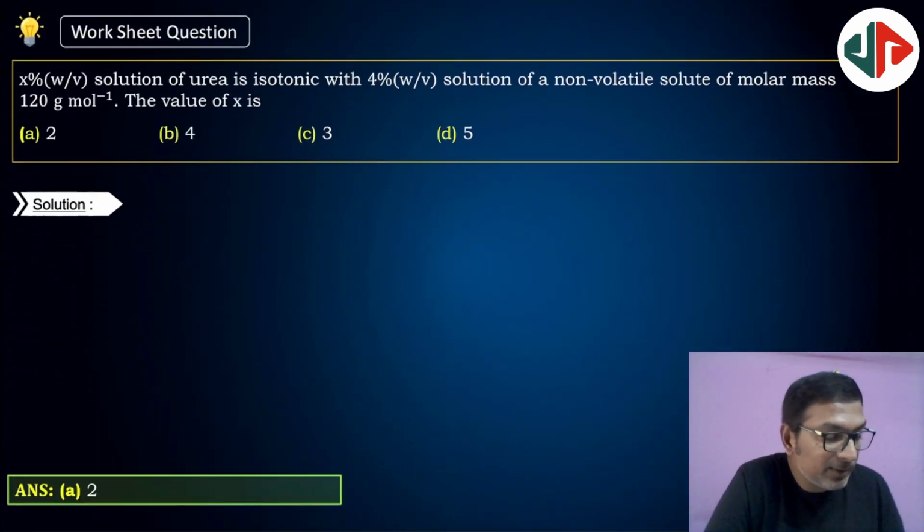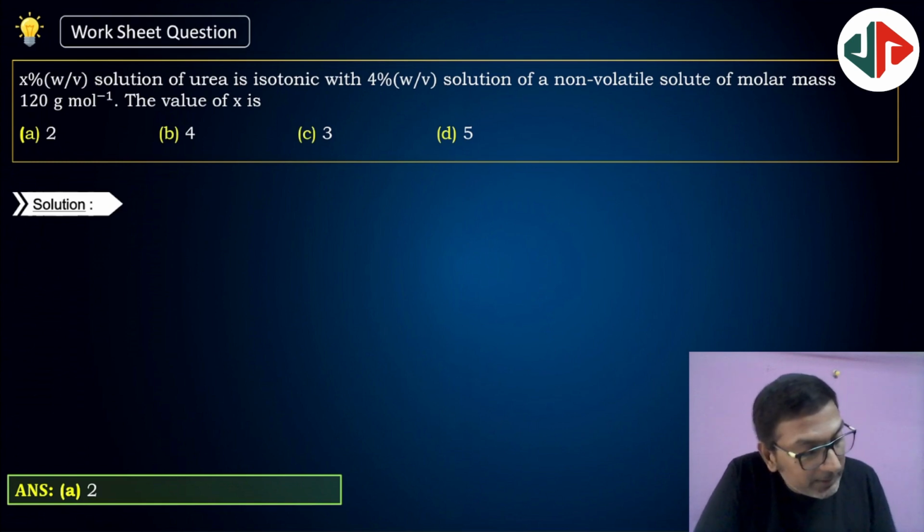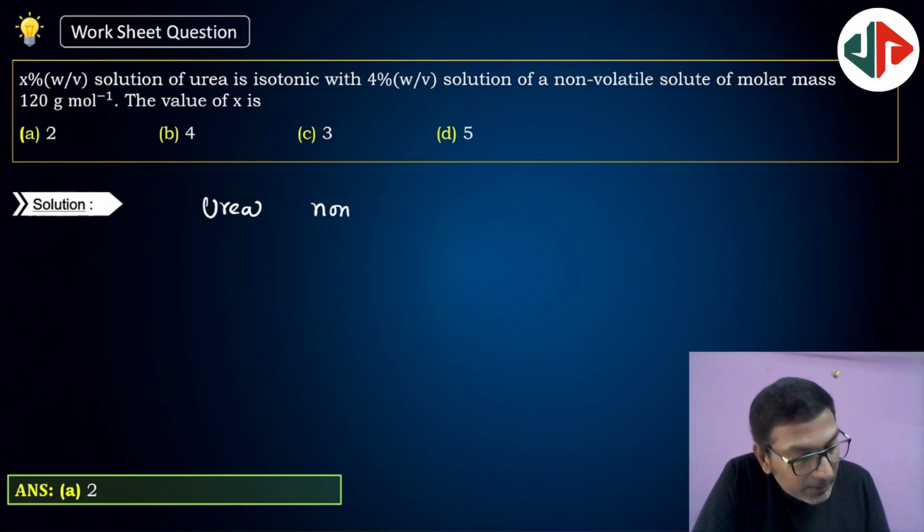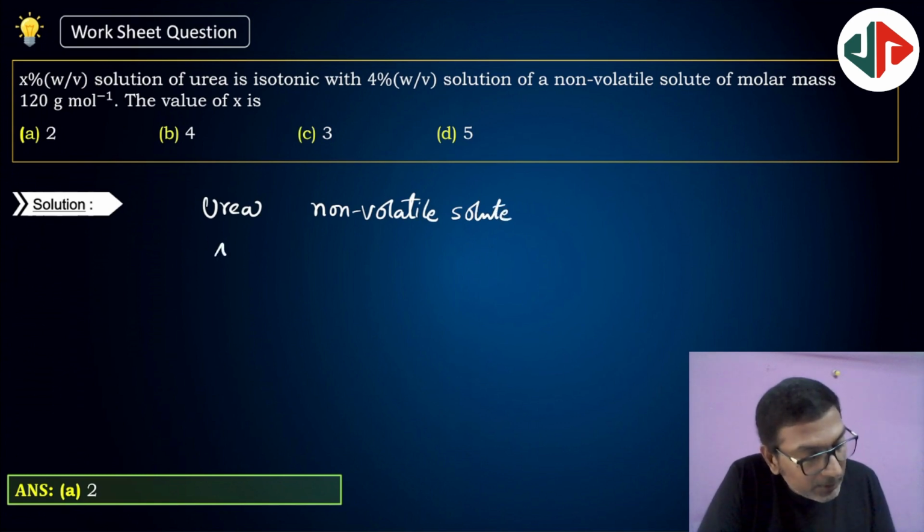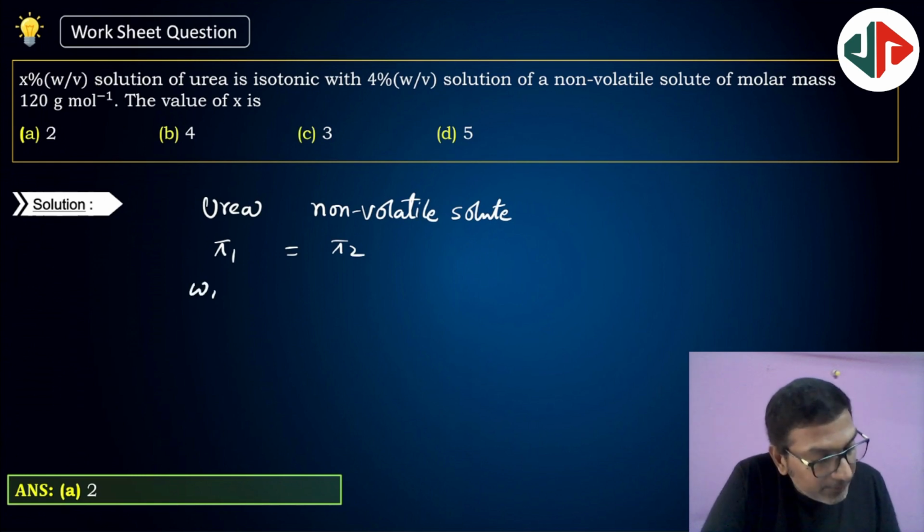X% weight by volume solution of urea is isotonic with 4% weight by volume of non-volatile solute of molar mass 120. The value of X is? Here I am taking urea and the non-volatile solute. Isotonic means this is pi 1, this is pi 2. Therefore W1 by M1 V1 equal to W2 by M2 V2.